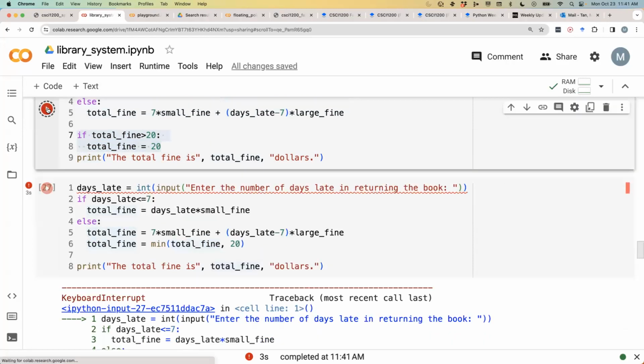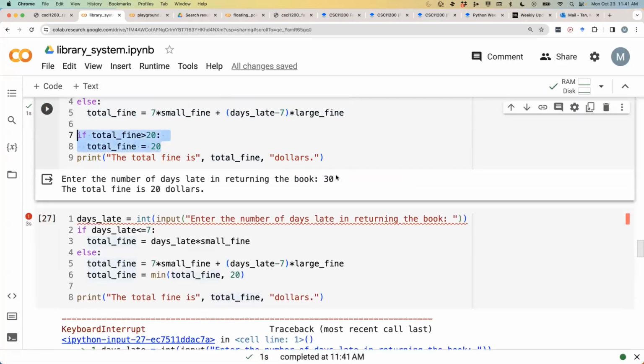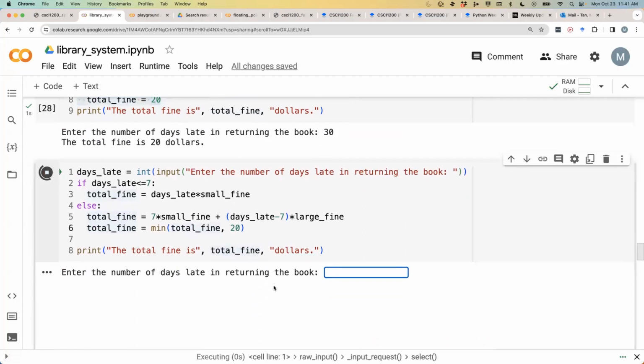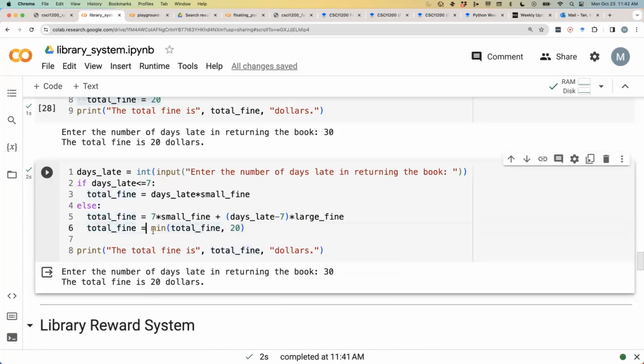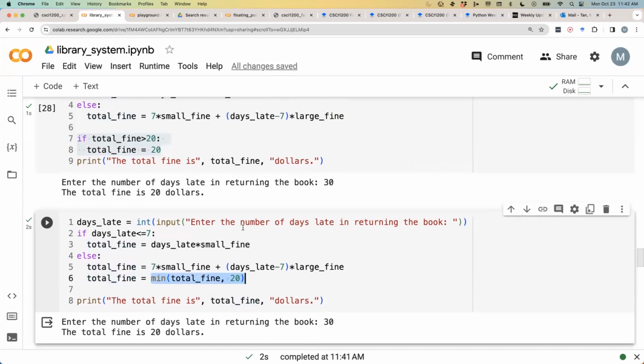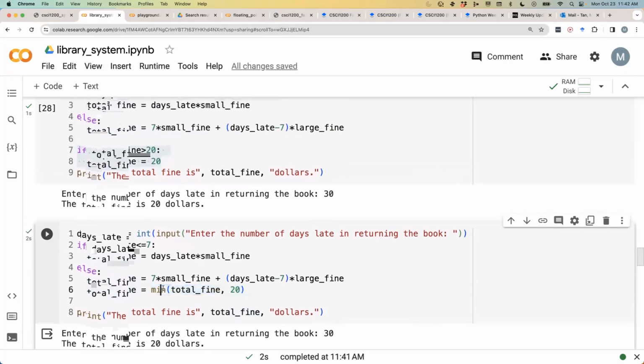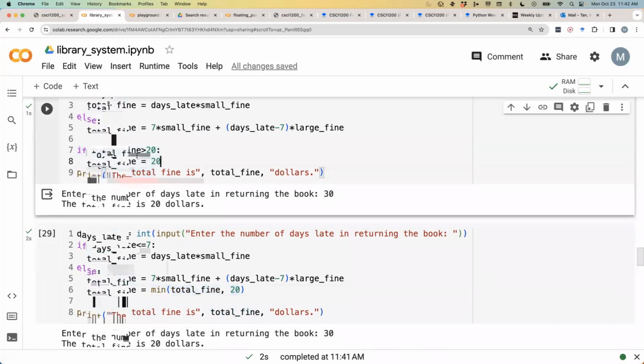For example, 30 days late gives me $20, and the same thing here, 30 days late also gives me $20. So they are doing the same computation, except that I use the built-in function to check which one is minimal between total fine and 20, and here I run an if statement instead.